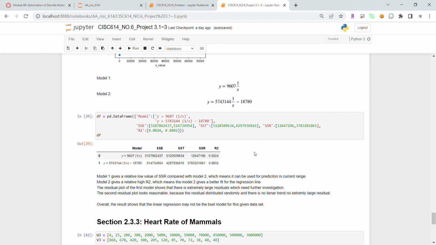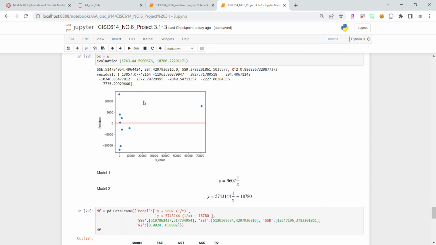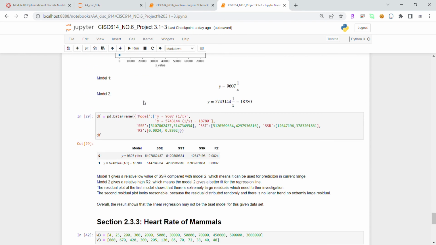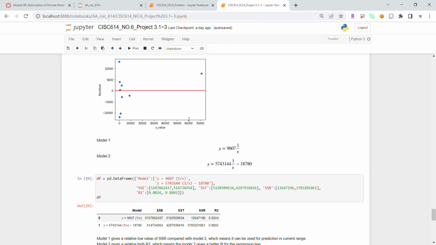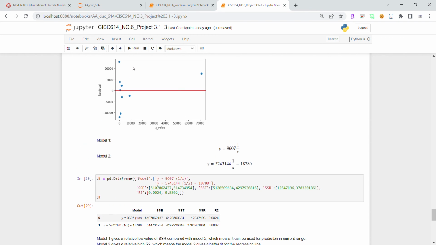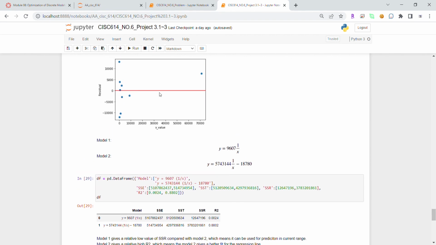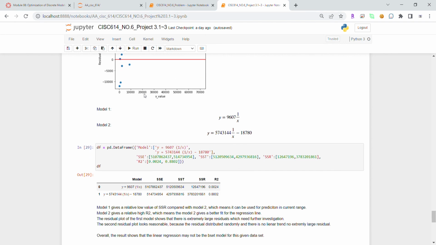So the residual plot of the first model shows that there is extreme large value, which means the basic model needs refinement, and the second residual plot looks reasonable because the residues are randomly distributed, and there is no linear trait, no extreme large residue.